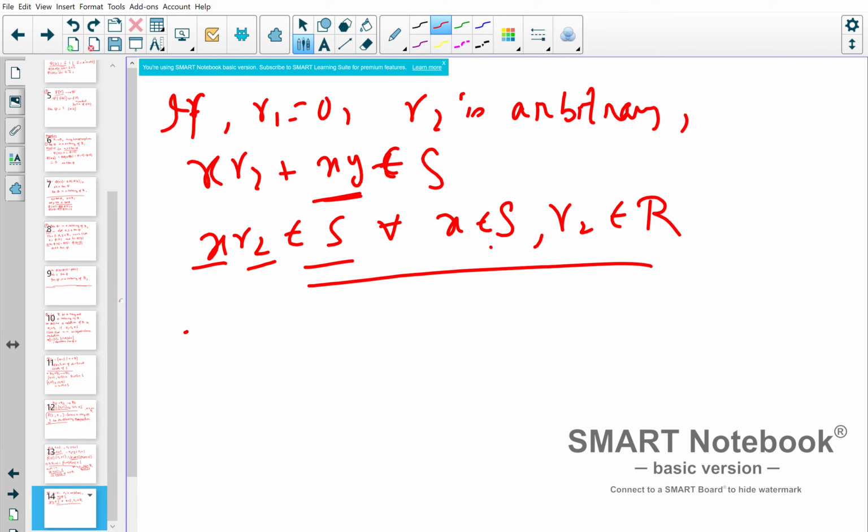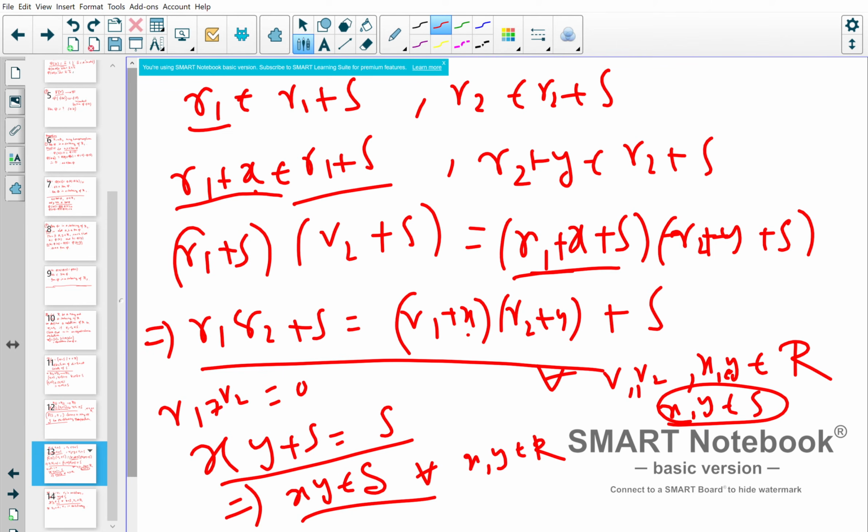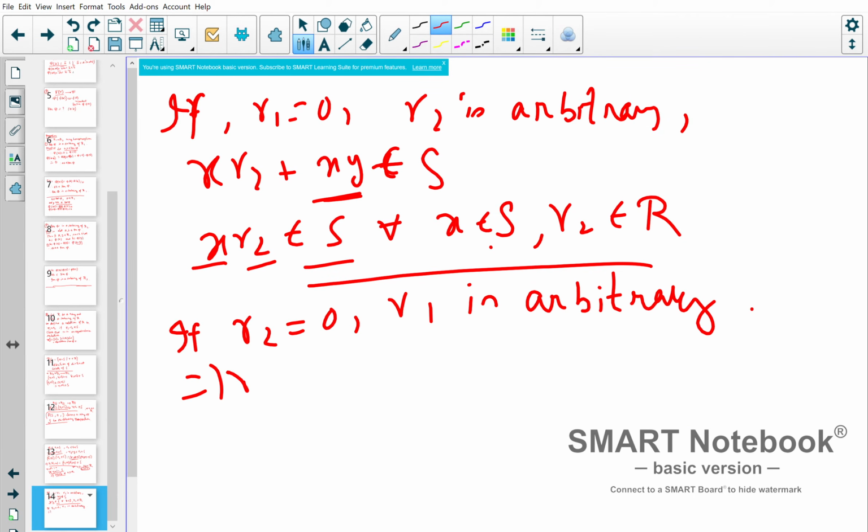And also, say R2 equal to 0 and R1 is arbitrary. From this equation, R2 equal to 0, so this is for the 0, and then R1 into Y. This implies R1 into Y is an element of S for all Y belongs to S and R1 belongs to R, right?